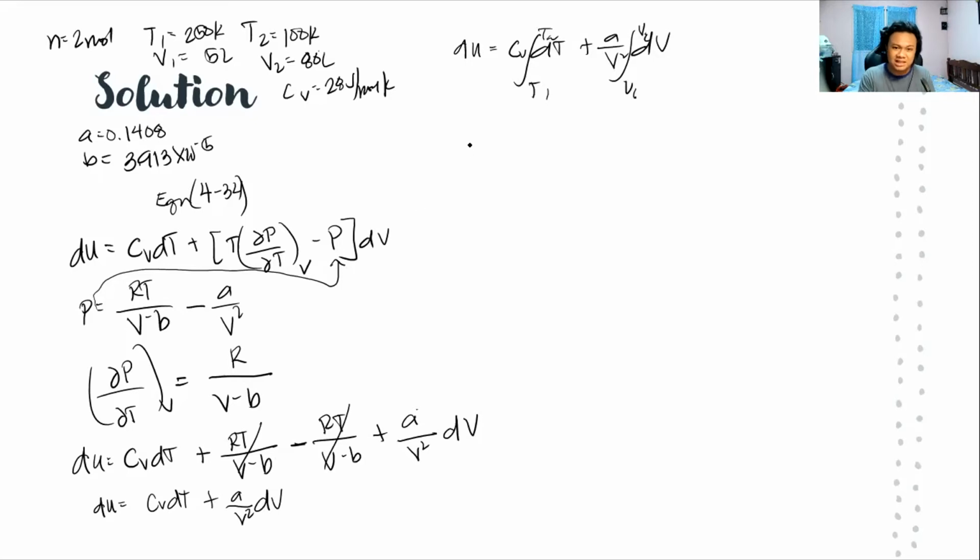It's actually simple integrating that. So we have Cv (T2 minus T1), and this will become minus a, just remember your integration rules, times 1/V2 minus 1/V1. Okay, so that's the form now.